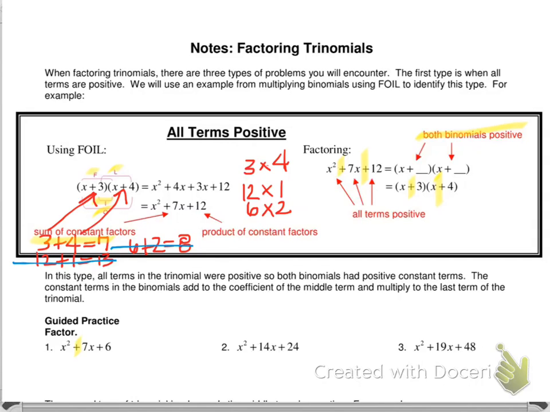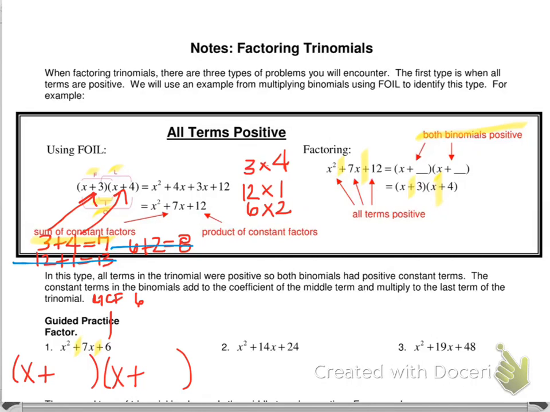I can tell by looking at my trinomial that all my terms are positive, so it's going to be x plus something times x plus something. Now, what do I multiply together?